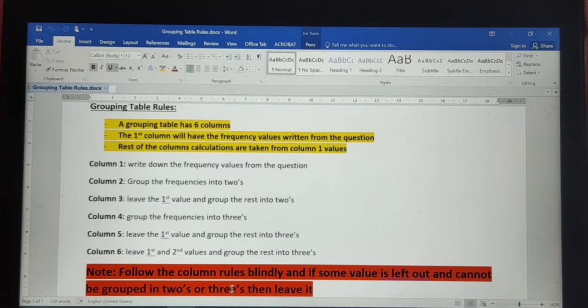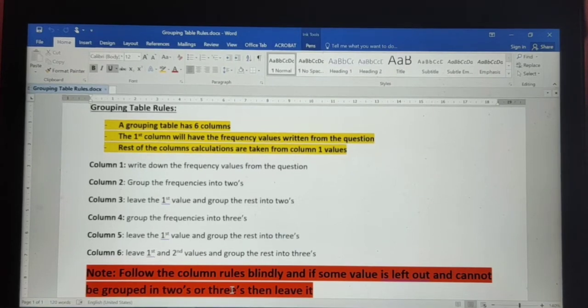A grouping table generally has 6 columns, and the first column will have the frequency values written from the question. Rest of the column calculations are taken from the column 1 values. Column 1 says write down the frequency values from the question, and column 2 says group the frequencies into 2s.